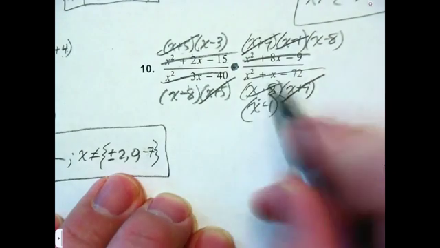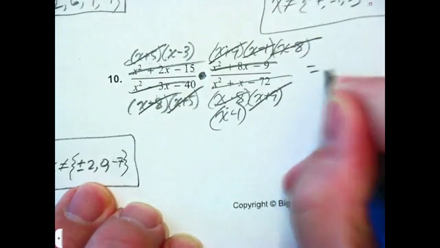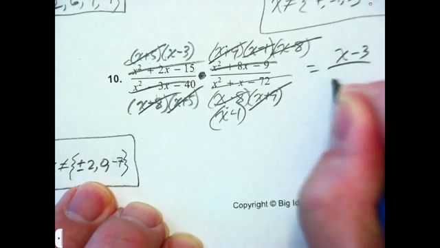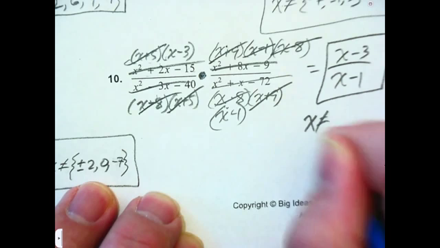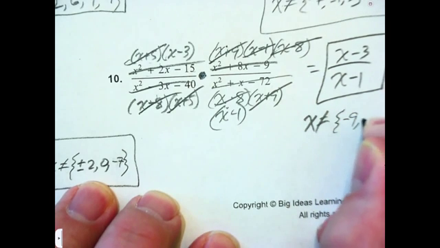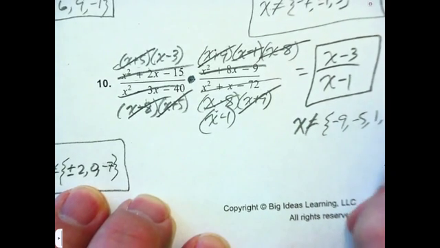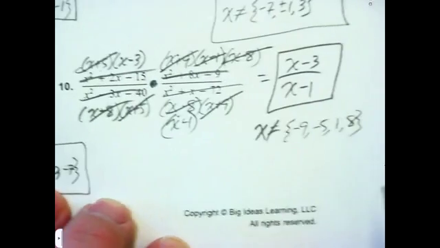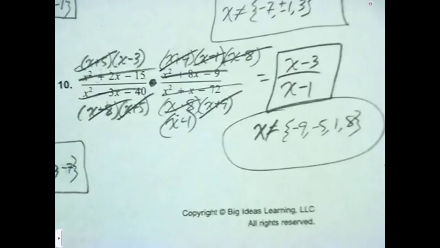Okay? And those are gone, x minus 3 and x minus 1. X cannot equal. All right. Wowzers.